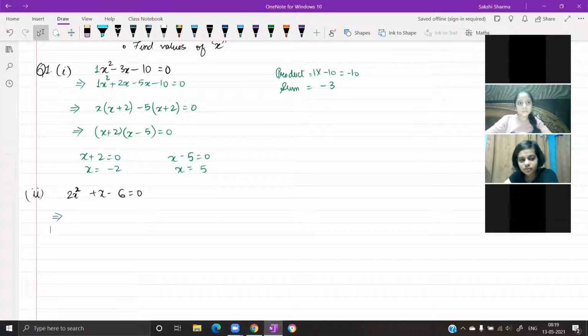Okay, how will you factorize the quadratic polynomial here?